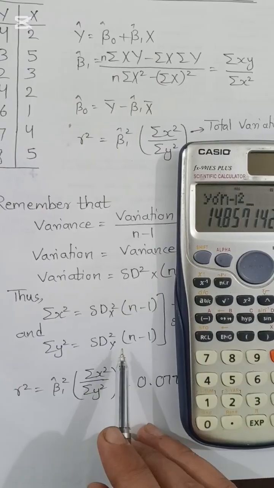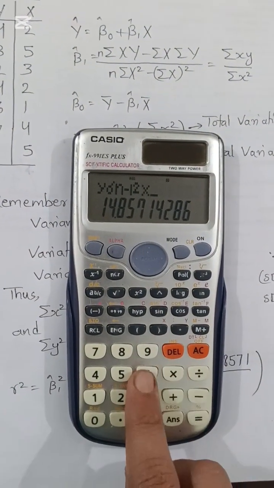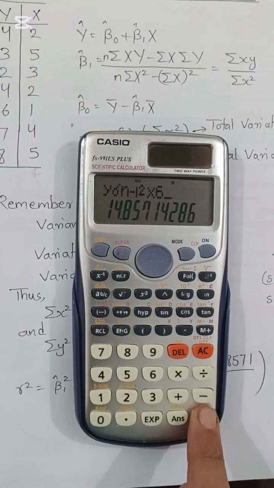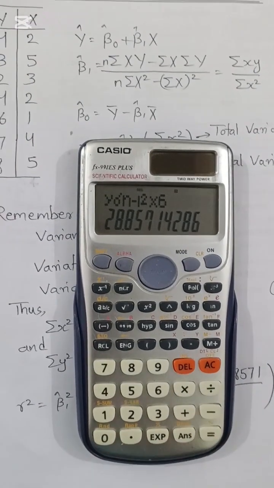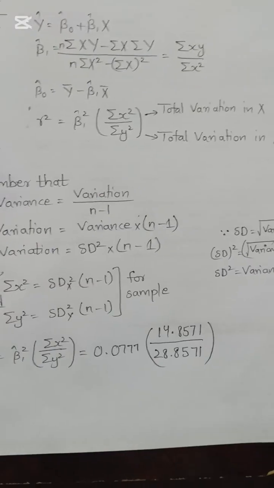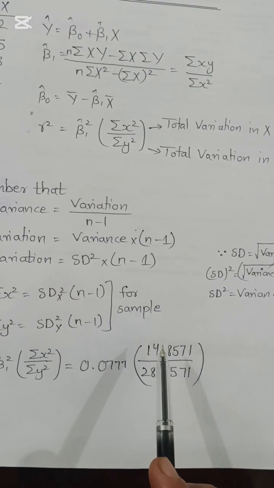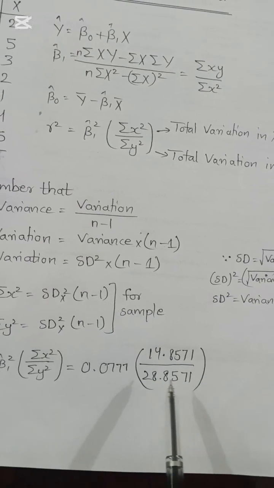N is 7, so 7 minus 1 equals 6. So multiply it with 6, equals 28.8571. So now we have found the total variation in x and the total variation in y.